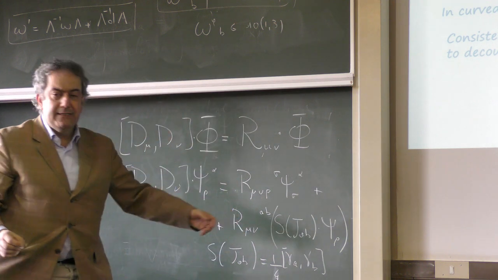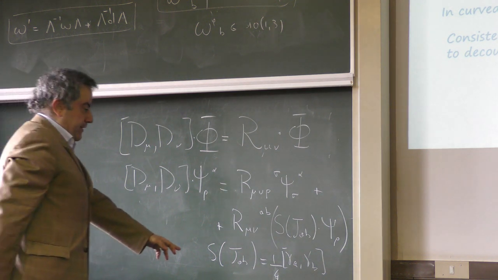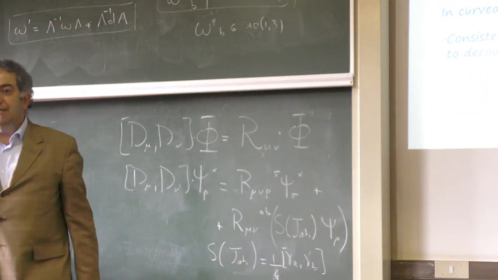You can verify that this is the spinorial representation of the Lorentz generator J_AB.